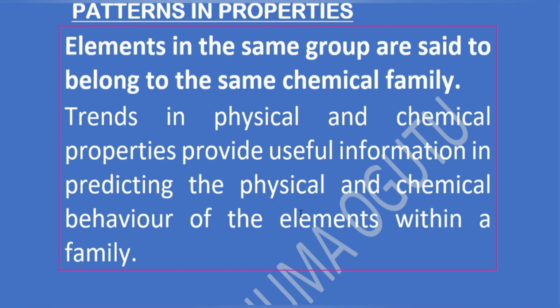So we look at different families. The first family that we are looking at is the alkali metals. The elements in group 1 of the periodic table are called the alkali metals. So we say these are lithium, sodium, potassium, rubidium, calcium, and francium.